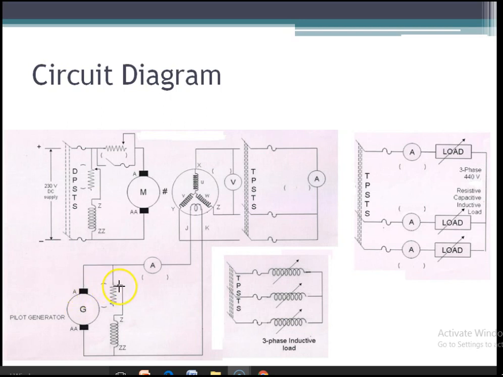So slowly when you reduce the resistance, the pilot generator step by step gets excited, and the induced voltage of the pilot generator is applied to the field which is connected across it.